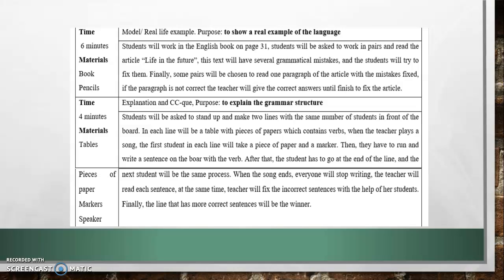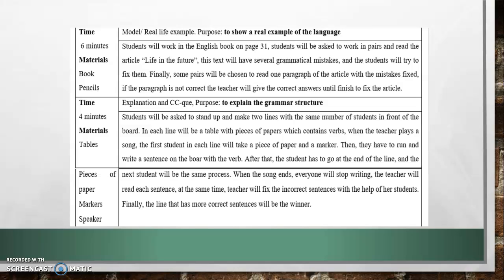Finally, some peers will be chosen to read one paragraph of the article and fix the mistakes. If the paragraph is not correct, the teacher will give the correct answers until the article is fixed. For this activity, the time is 6 minutes and the materials are book and pencils.